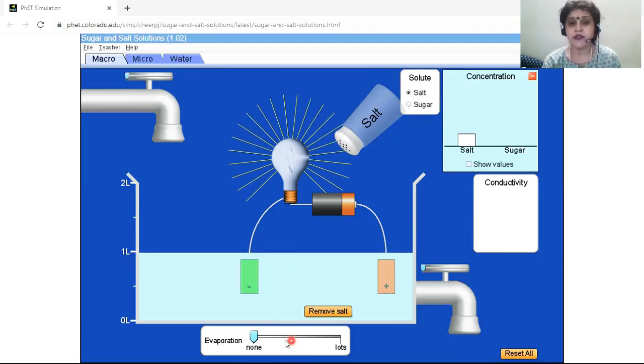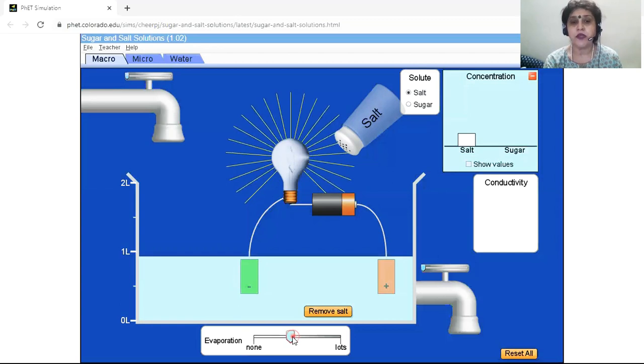And see on your right hand side how the concentration of salt increases, and as the concentration of the salt increases, the bulb glows with a greater intensity. See how the bulb glows with a greater intensity.